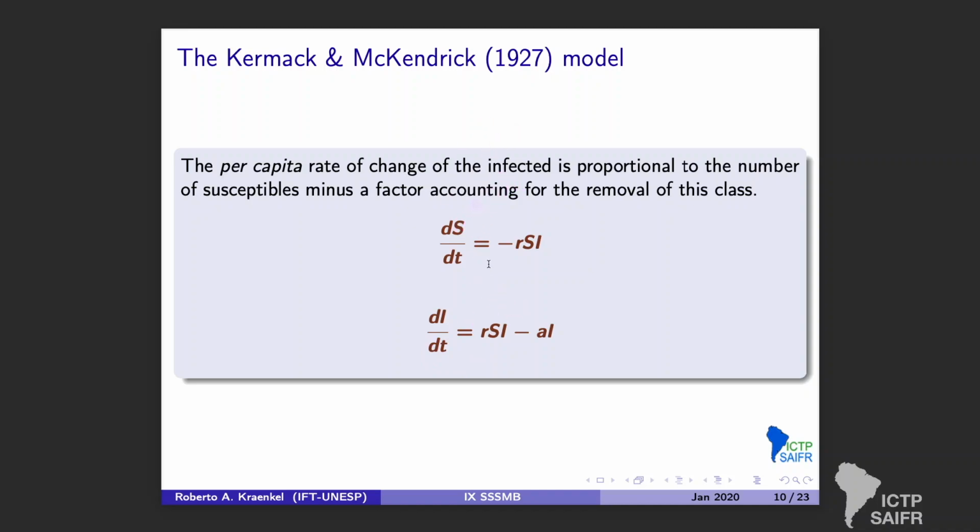S is playing the role of the victim, the prey, and I is playing the role, analogous obviously, of a predator, but the relation here is not like before, where we always had an efficiency. Now, one susceptible who leaves the susceptible compartment enters the infected compartment, and this is efficiency 1. Therefore, it's the same constant.